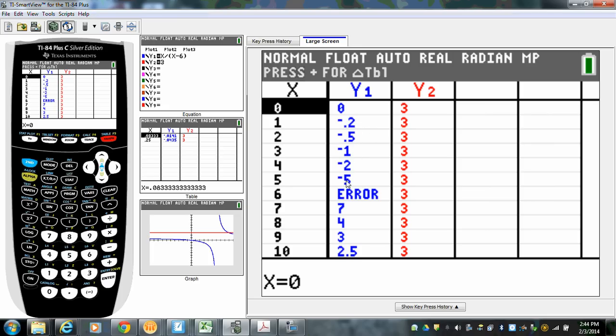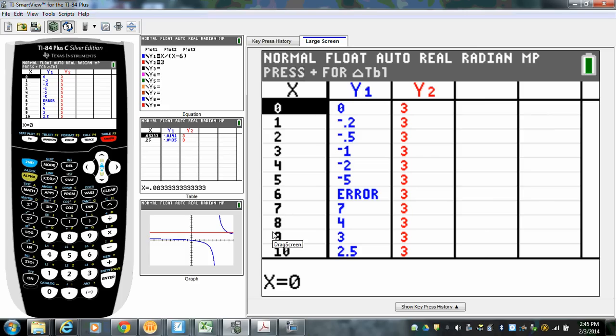And then notice here where I get the error. That error tells me where my asymptote is. So if I wasn't sure from before if that jump from one curve to the other occurred at 6, I now know that because of that error, that is where it occurs. And then all of my y values are bigger than 3 on 7 and on 8 until I get to 9. So the table can help you to identify the asymptotes, and it can help you to figure out exactly where you equal 3, as long as it's at an integer location.